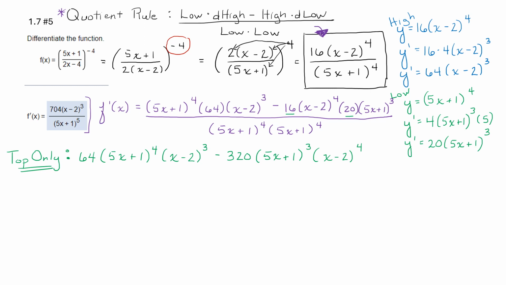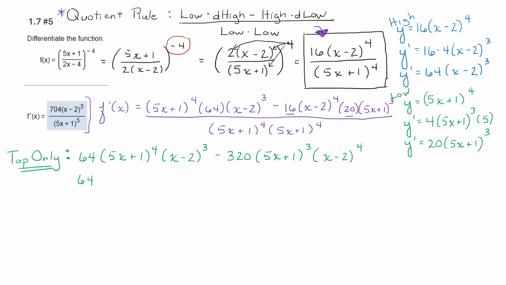So I'm looking at this and I want to pull out the greatest common factor. And the greatest common factor of 64 and 320, believe it or not, is 64.